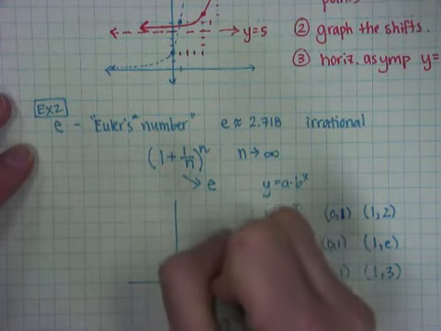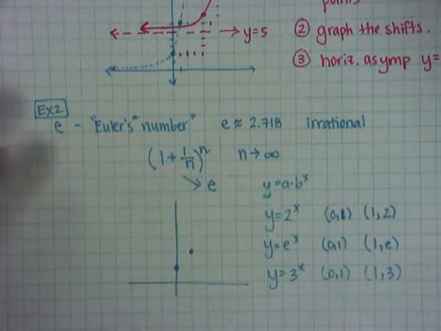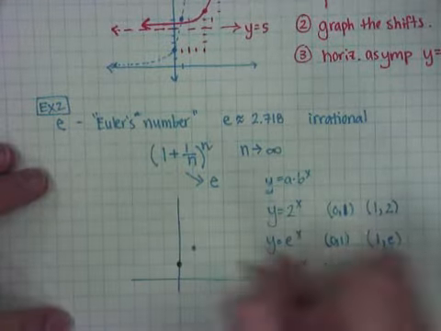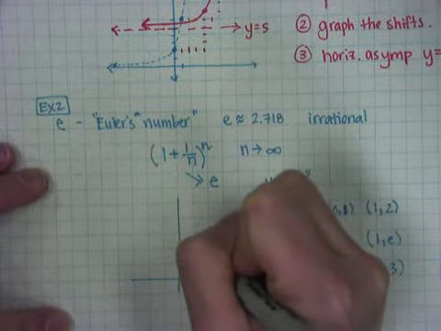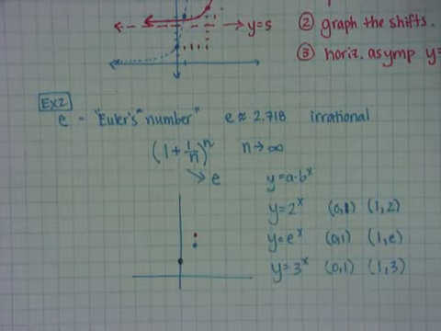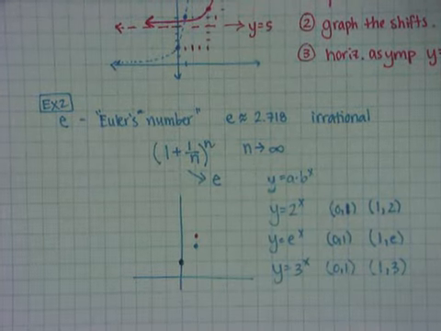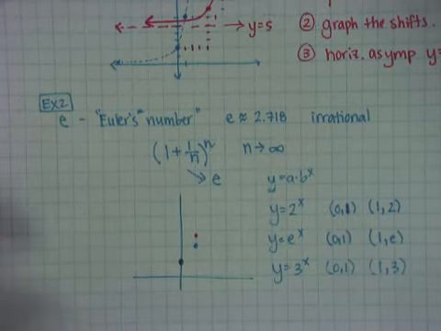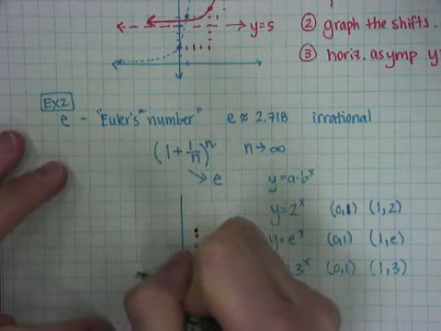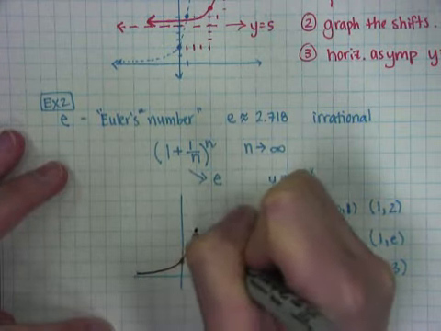Then 2 to the x goes over 1 up 2. e to the x goes over 1 up e, which is about 2.7. And 3 to the x goes over 1 and up 3. You still have your horizontal asymptote at 0.